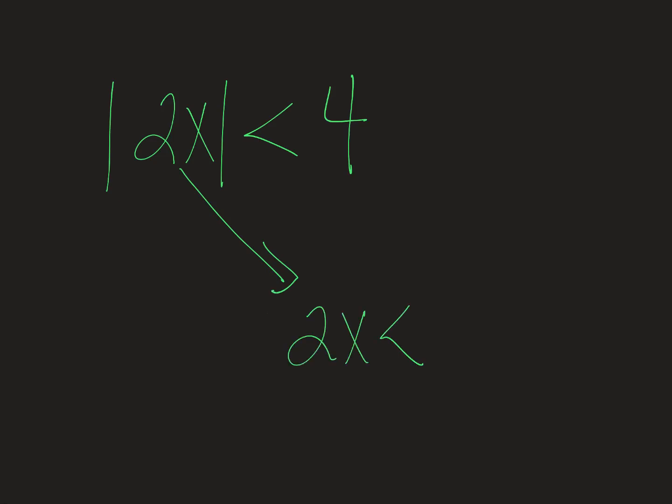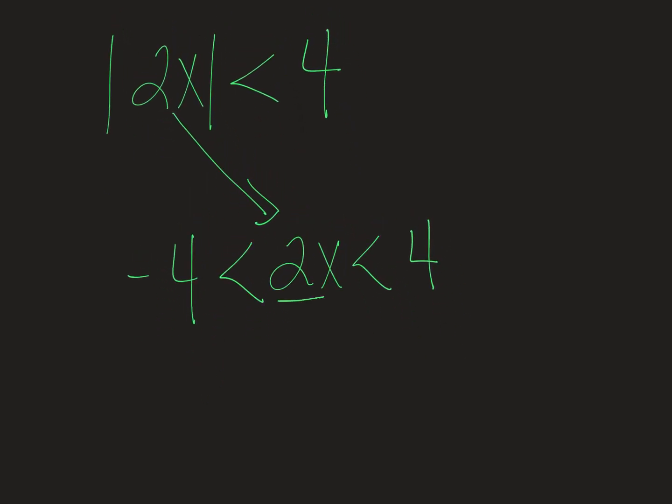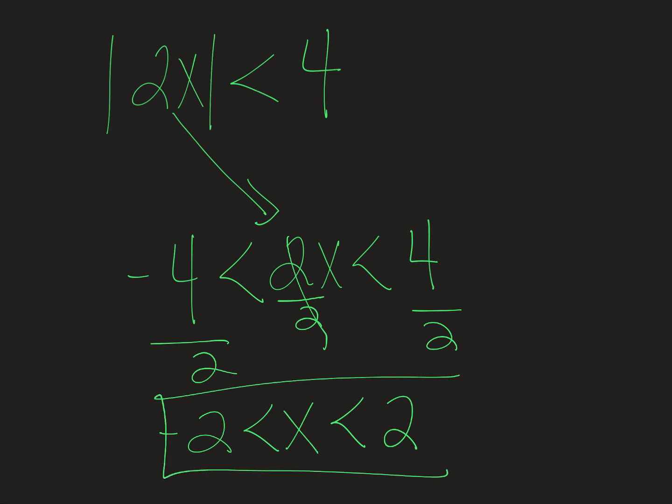I'm going to write in my less than signs. I'm going to bring down my positive 4 and my negative 4 over here. Which one do you write first? Negative 4. Okay? Then I'm again trying to isolate my variable, so I'm going to divide all three sides by 2. That cancels. I'm going to have negative 2 less than x less than 2. And that is my answer.